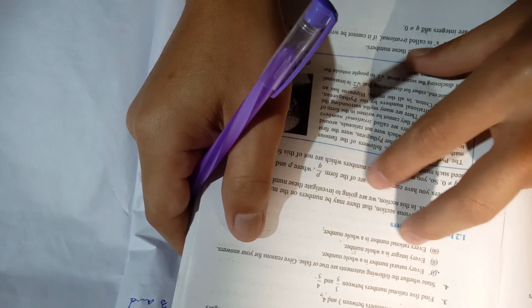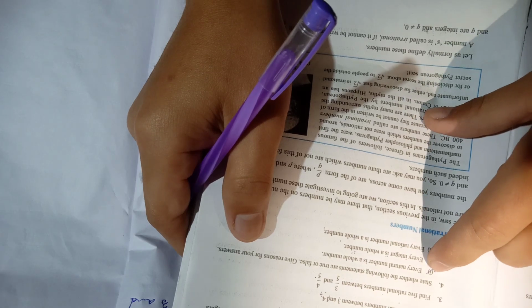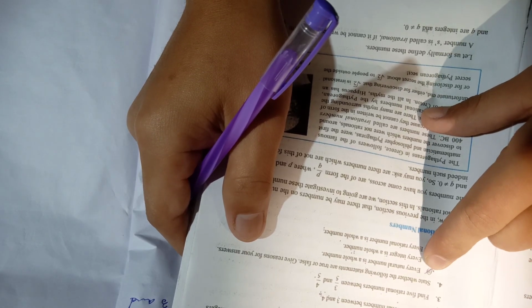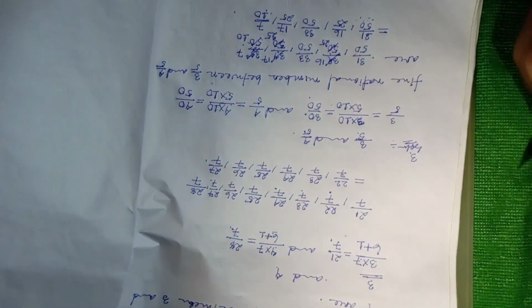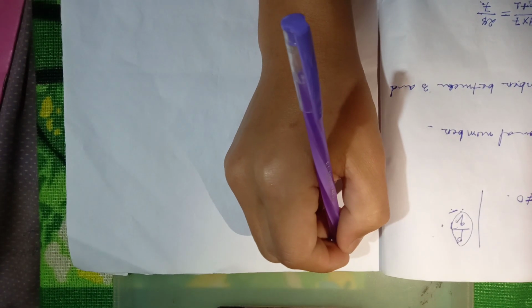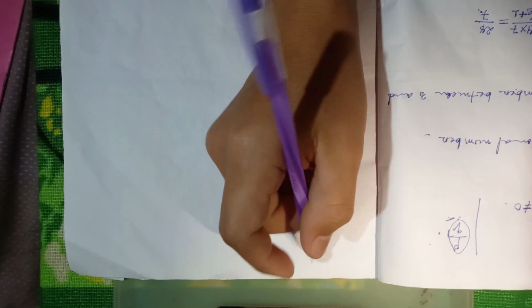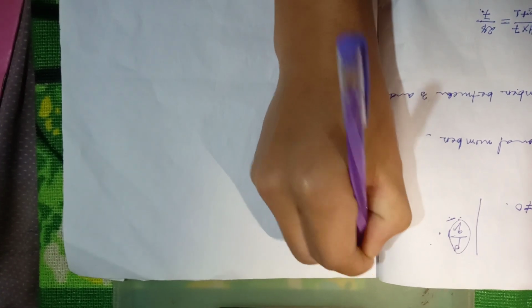In the third statement, every rational number is a whole number. So we have to see the first one. Every natural number is a whole number. For that, you have to know what a natural number is and what a whole number is. Actually, we have to see whether it is true or not.